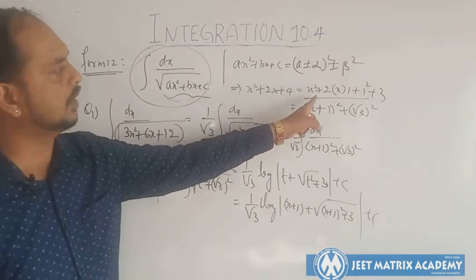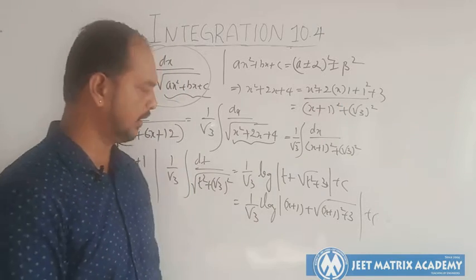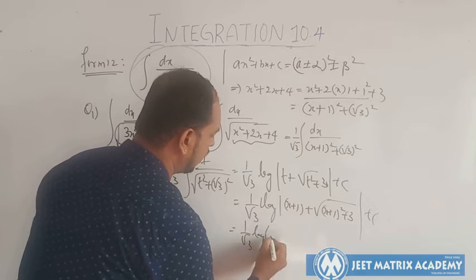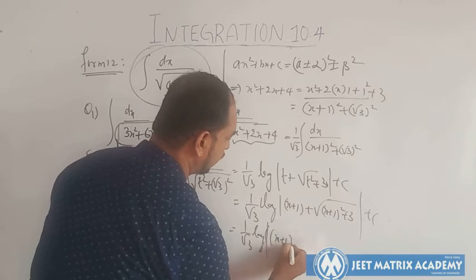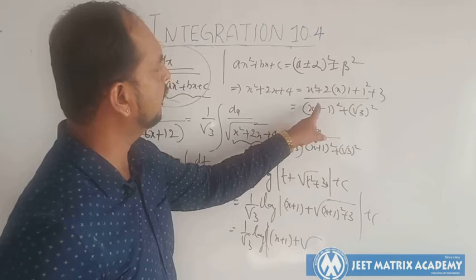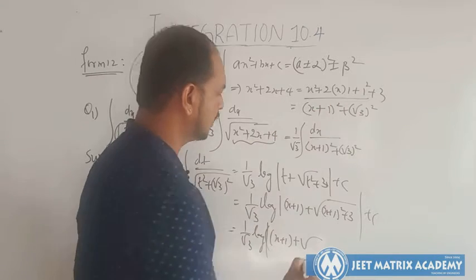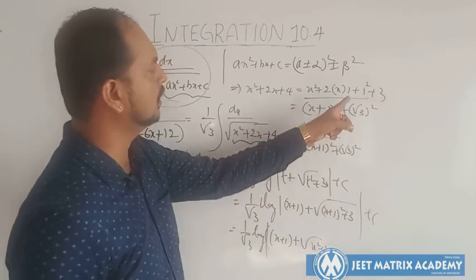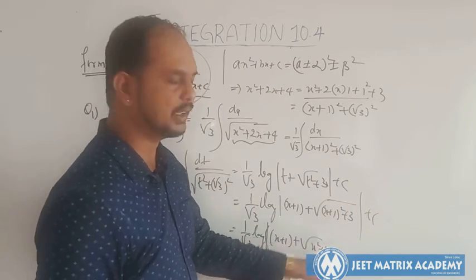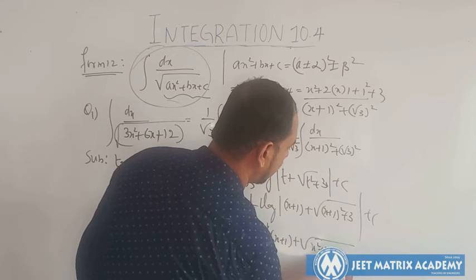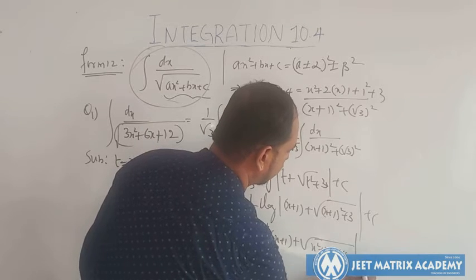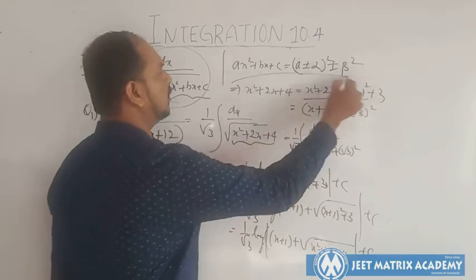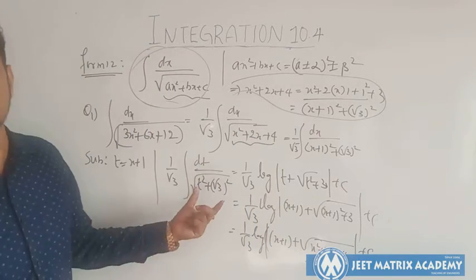I mean to say 1 by root 3 log of modulus of x plus 1 plus root of x square plus 2x plus 1 plus 3, that means plus 4.